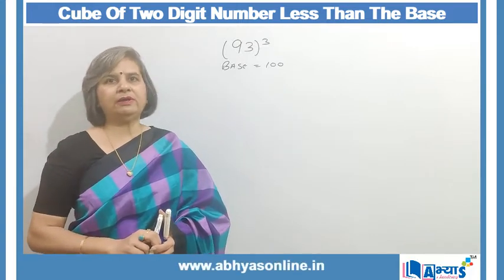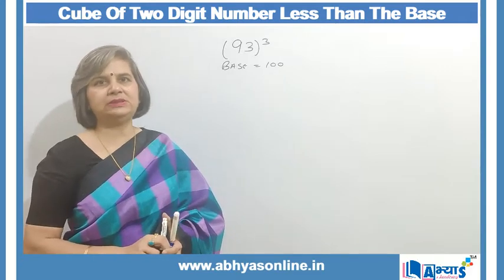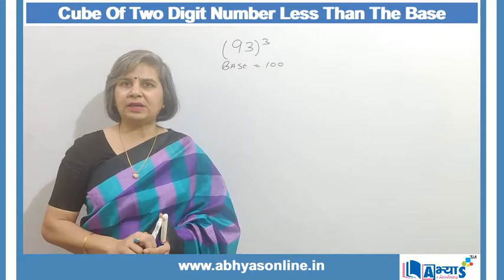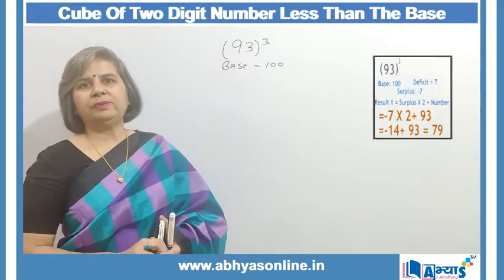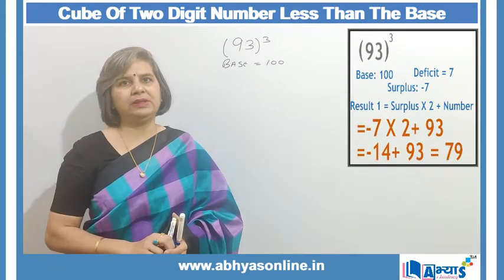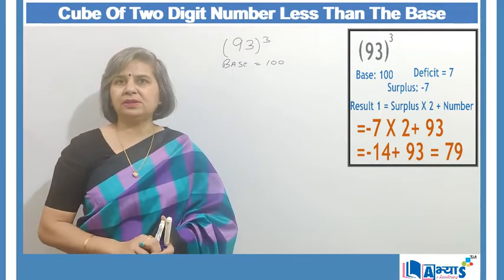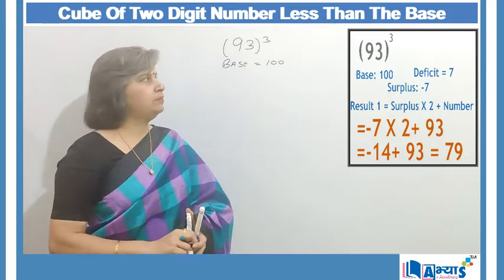So if we master these techniques, only then can we use them in the competitive exam and save a lot of time. So we will be able to solve more questions, hence we have a better chance of cracking the examination. Now let us discuss how we can find the cube of 93 in a simple way.